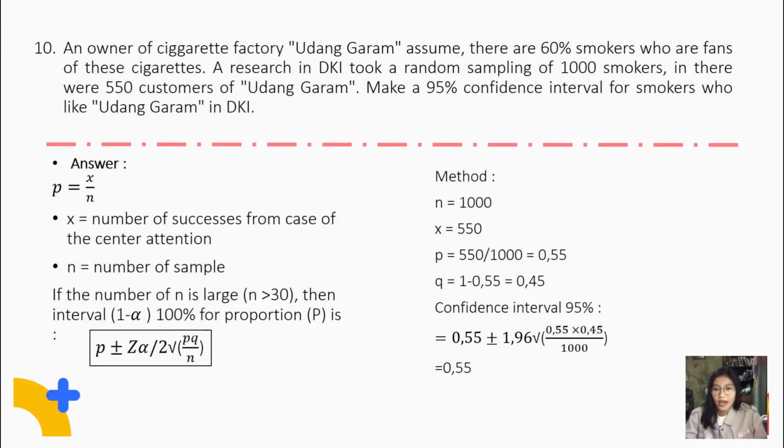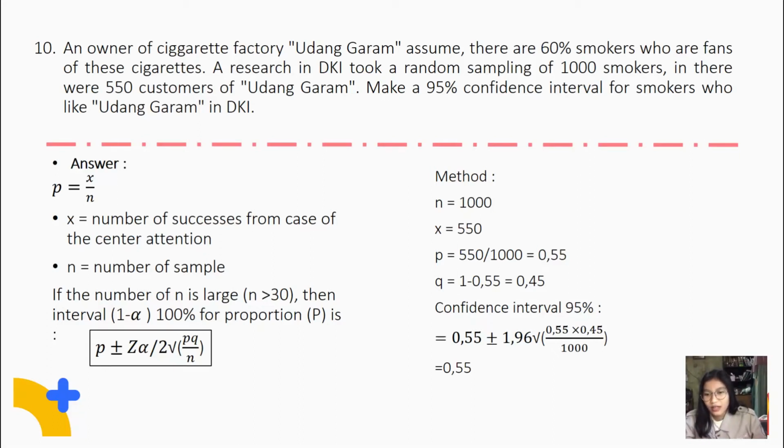Method: n is 1000, x is 550, p is 550 over 1000 is 0.55. q is 1 minus 0.55 equals 0.45.